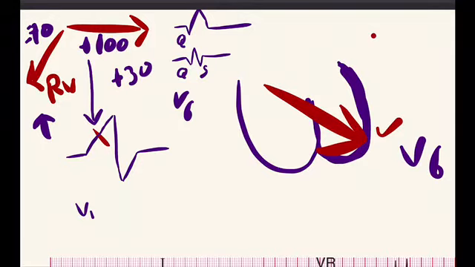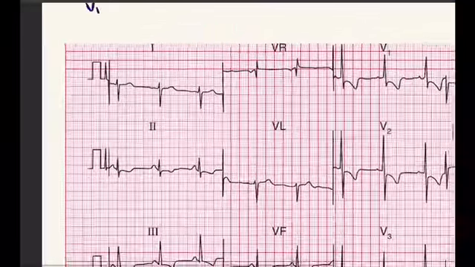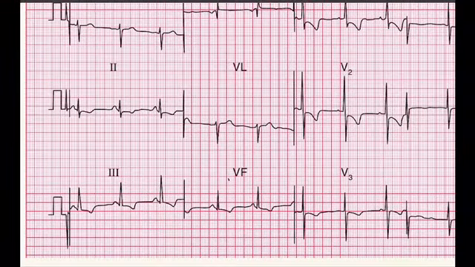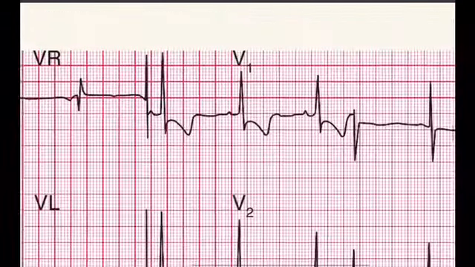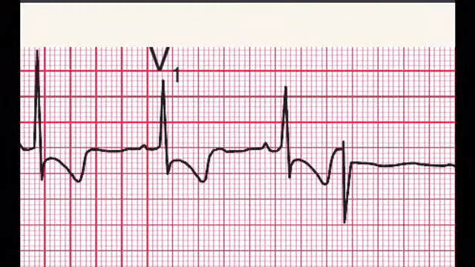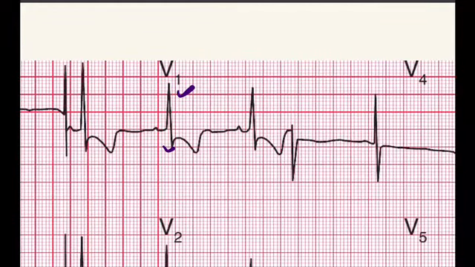Now we will be seeing one ECG which is showing us severe right ventricular hypertrophy. Let's see the lead V1. As you can see here, the R wave is increased in height, and there is an S wave. No Q wave can be seen in V1; normally we cannot see a Q wave in V1.